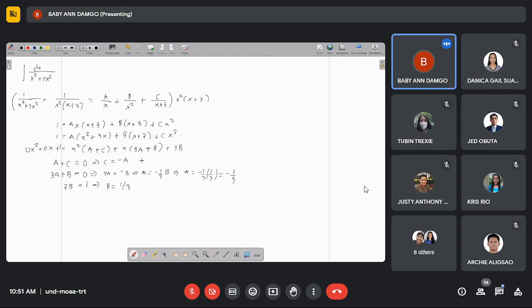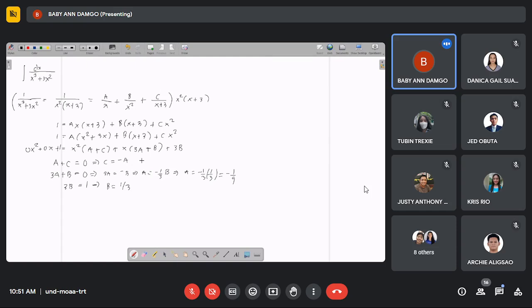Okay, next, simplify. This is negative 1 over 9 integration of dx over x, plus 1/3 integration of 1 over x squared dx, plus 1 over 9 integration of dx over x plus 3.